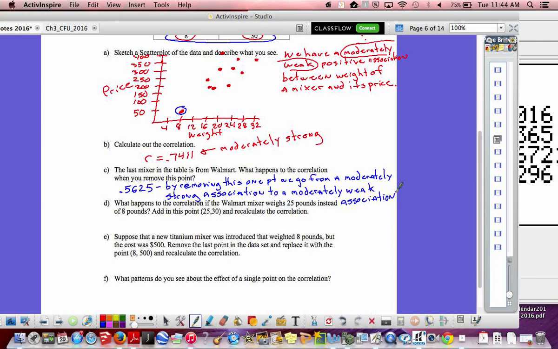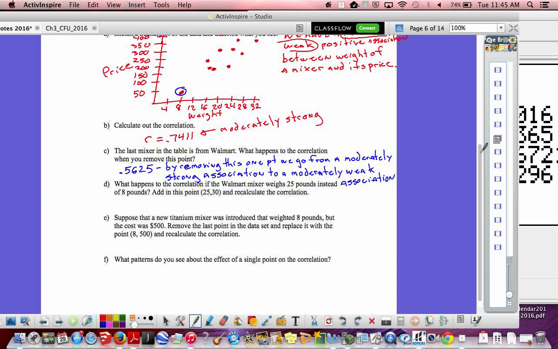Would you consider that point an influential point? Yeah. That's how one little data point can change an answer. I agree with you. If I were including this point, I would definitely be saying moderately strong. But take that point away, it becomes moderately weak. So this point causes your correlation to get much, much stronger than it might not actually be.